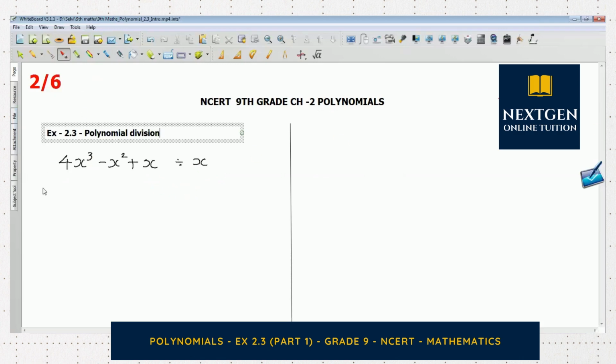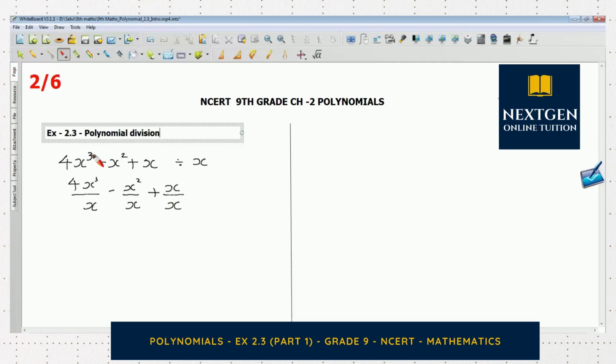So we'll divide each and every term by the divisor. This is how we have to divide a polynomial.